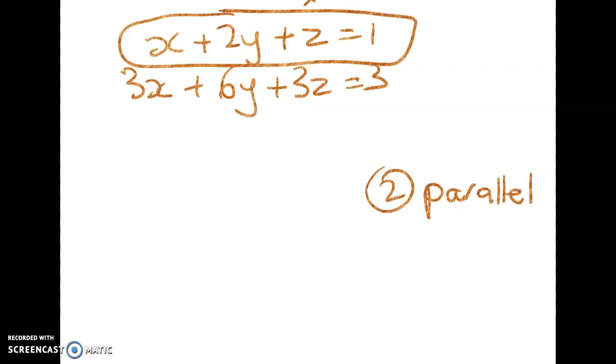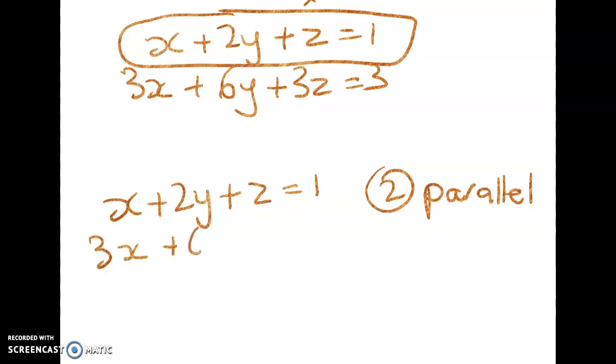Now the next one is a bit the same, which is where they're parallel, right? So take your 2 bits of paper and make 2 parallel planes. So here's the first one. So we might have 2x plus 2y plus z equals 1, and then we might have 3x plus 6y plus 3z is not equal to 3, so it's not like here, so let's just make that 72 or something odd.